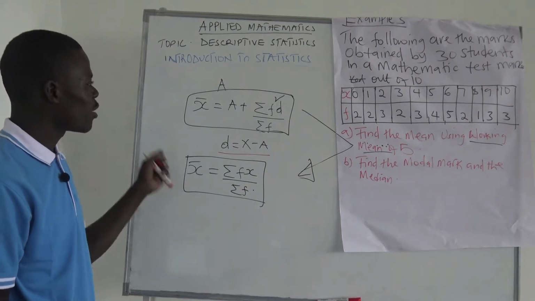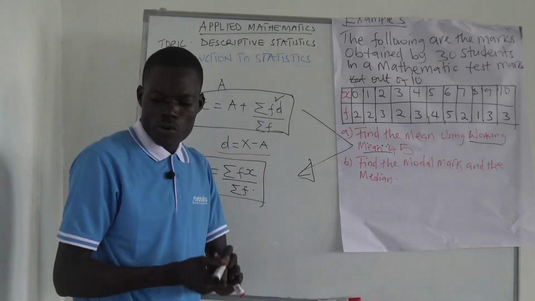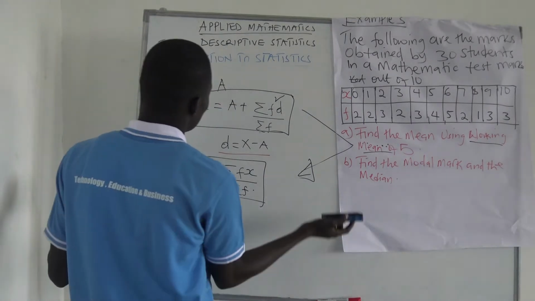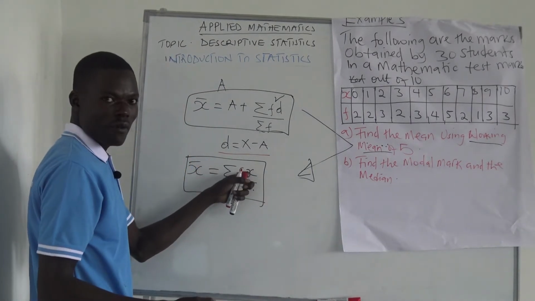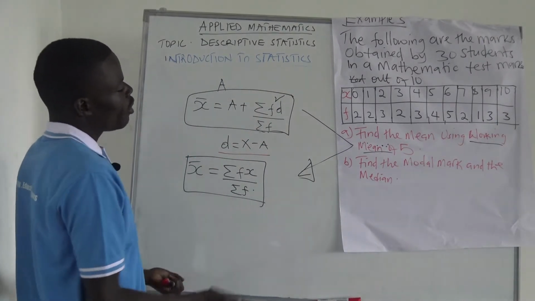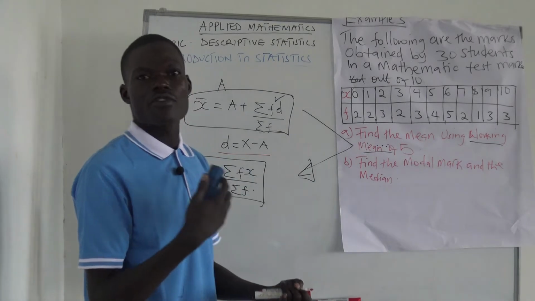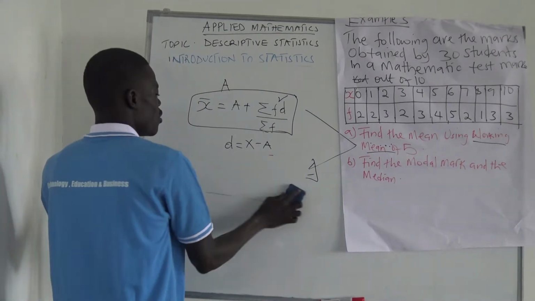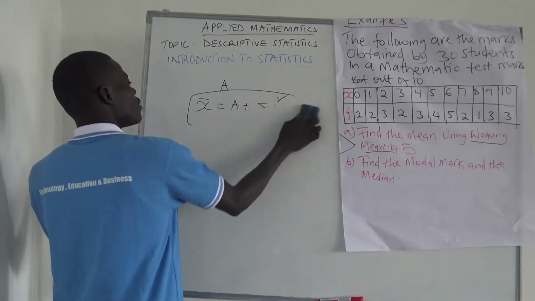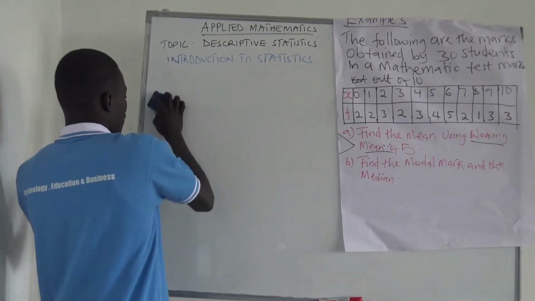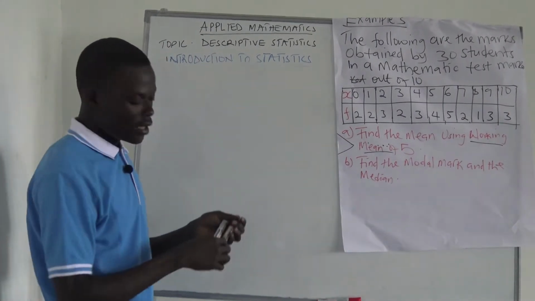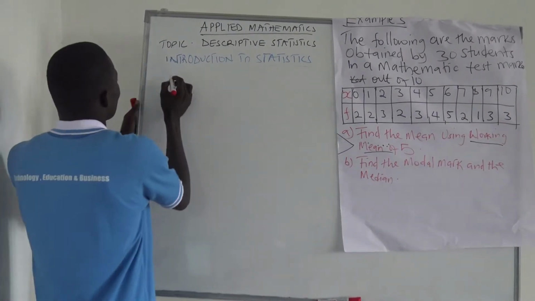We need to take this into consideration as we are doing our table: this time it is not having fx, but fd. And in order to get the median, we shall also have cf, which is cumulative frequency. So let us look at the solution.